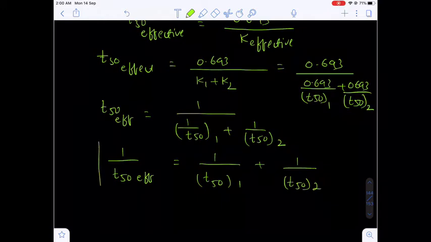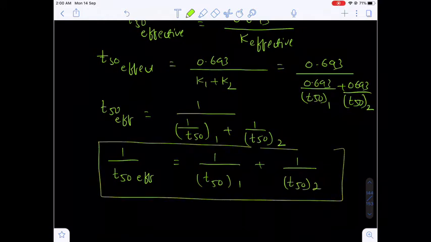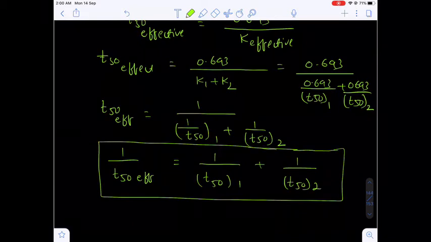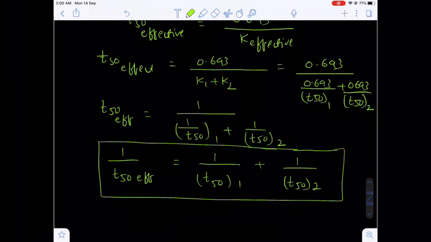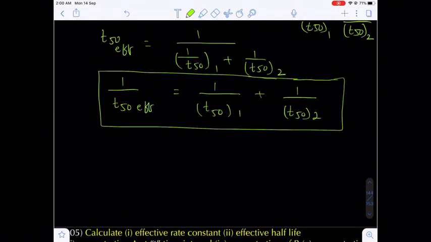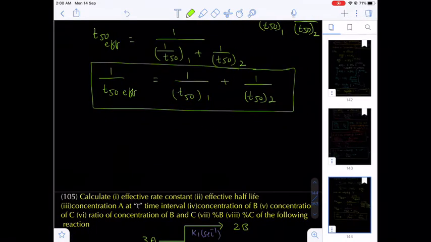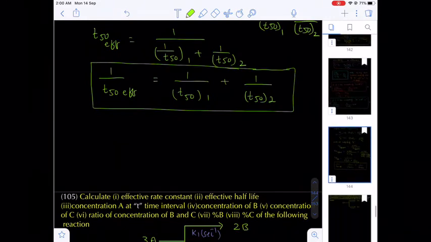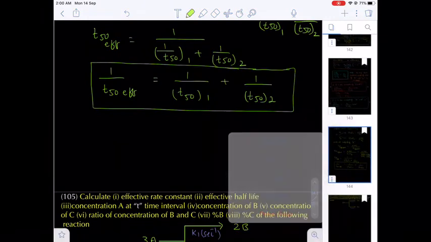Are you getting my point? So this is the effective half-life period for the first order parallel reaction. Are you getting my point? From here there is one more important one, that is called what? Effective activation energy. Next one is effective activation energy.